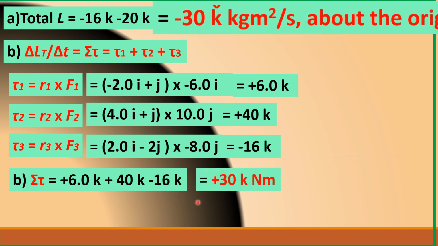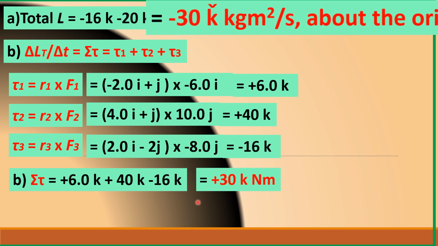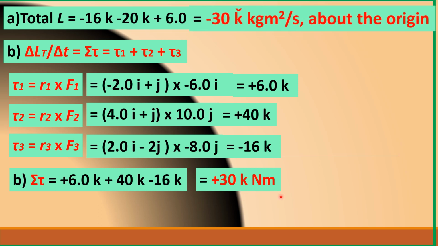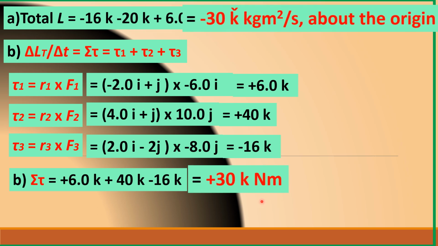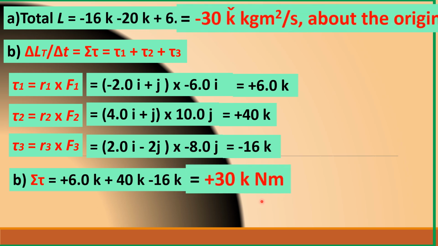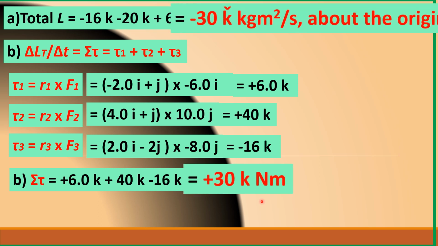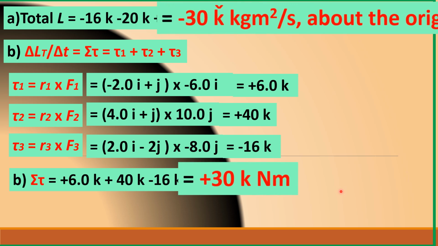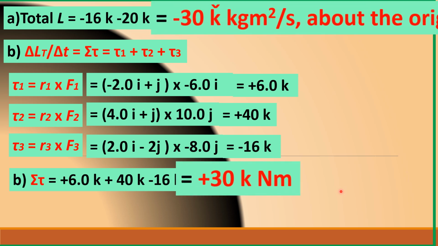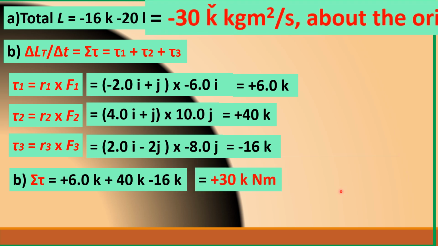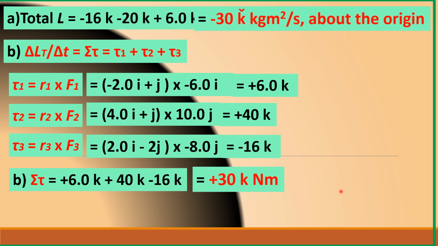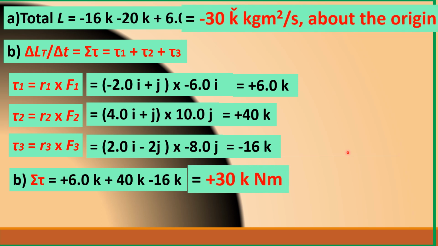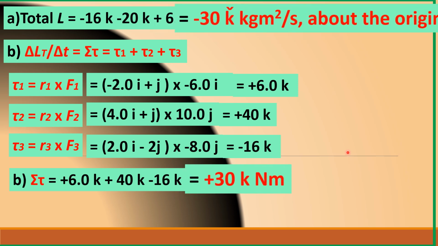So therefore, our total torque is equal to positive 30k newton meter. So we say that positive 30k newton meter is also the rate of change of the total angular momentum. So that completes our answers for these questions.